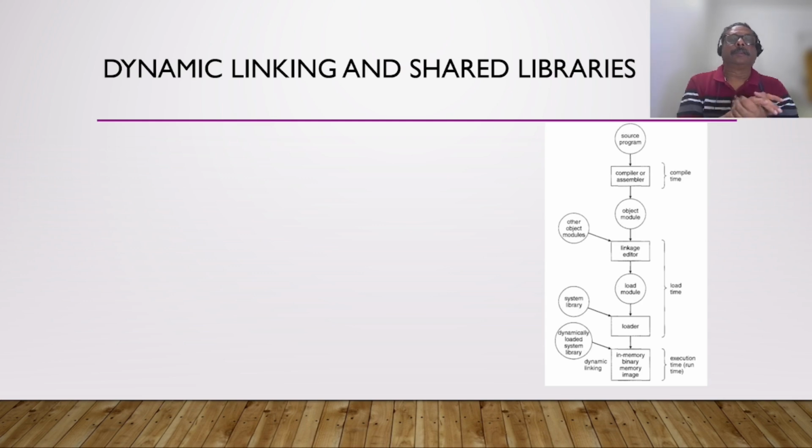And then we have dynamic linking and shared libraries. Yes, we had seen this in our earlier session, the same thing we are going to look at. So here the various object programs, object codes, can be dynamically linked as and when required, and we do have some shared libraries that are going to be used whenever we require them.